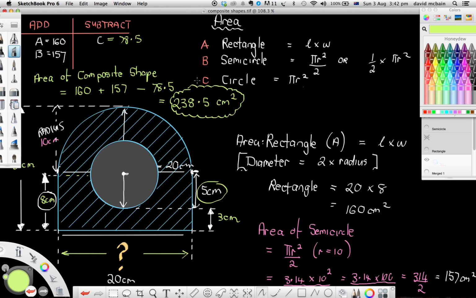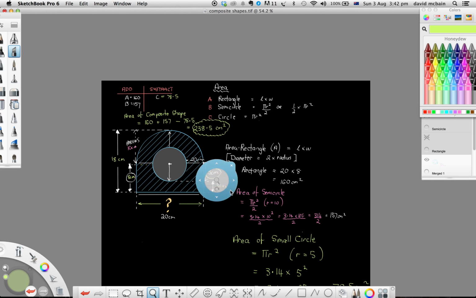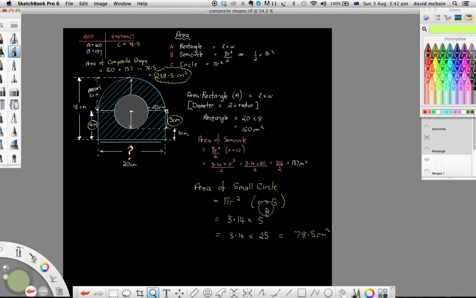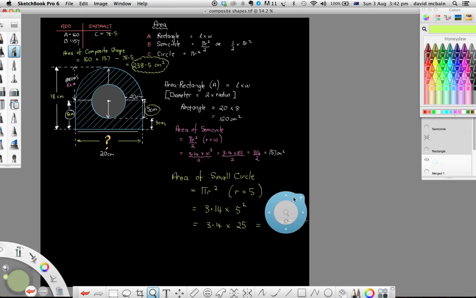Now, just a couple of points I'd like to make. This problem, and these problems in general, as I'm sure you will now see, require a fair bit of working out. So there's the working for one problem. And so it is now absolutely critical that you start setting out your working, if you haven't already done so, in a very methodical manner.